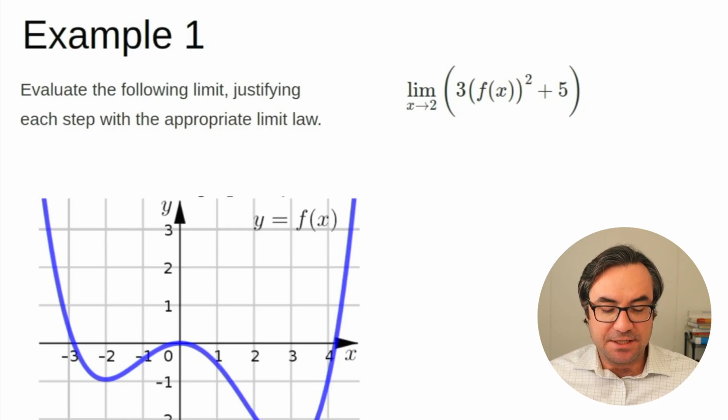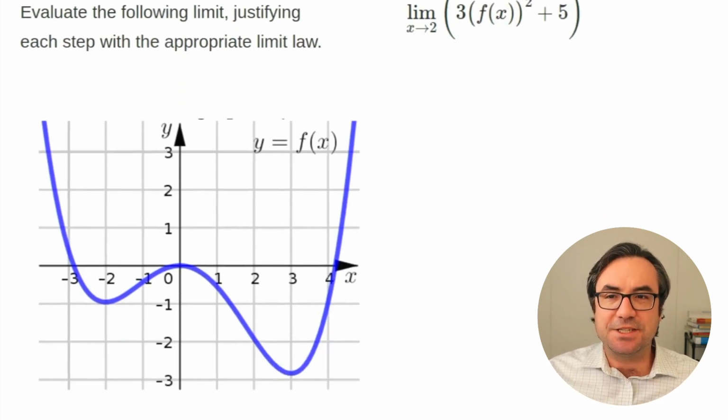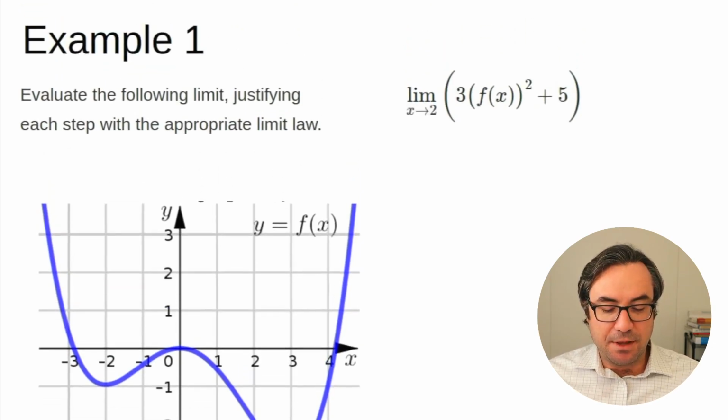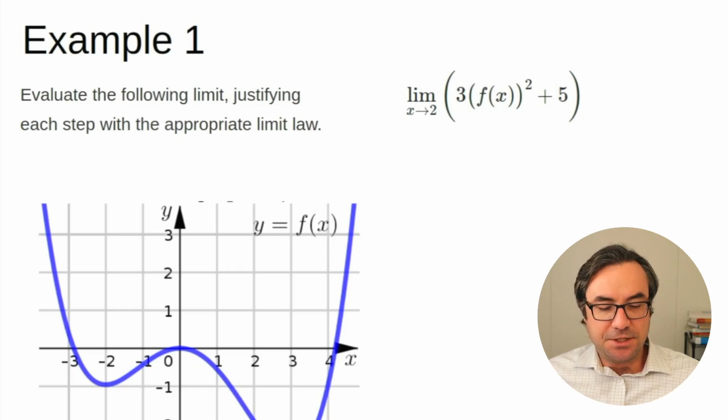And the way f of x is described here is with the graph of a function. So we'll save the graph until we need it. But let's start using the limit laws to break this limit apart. So let's use our first one.